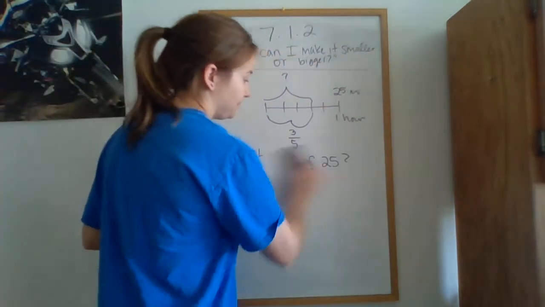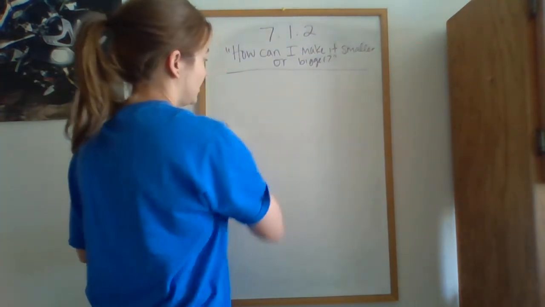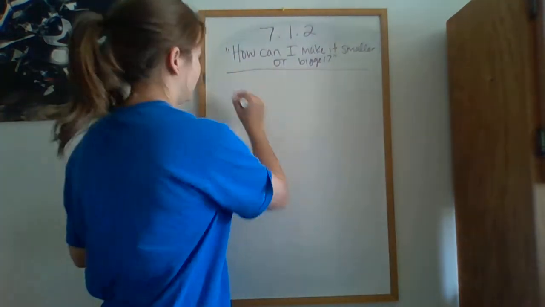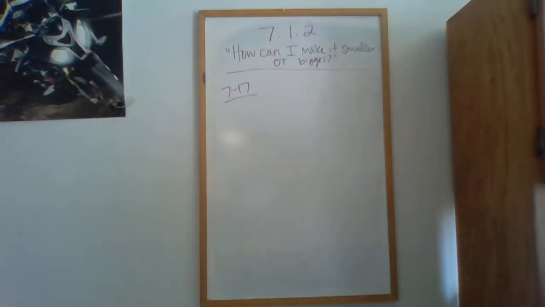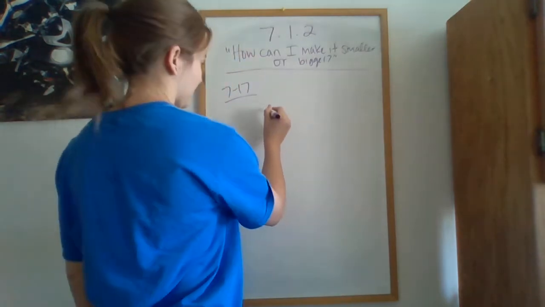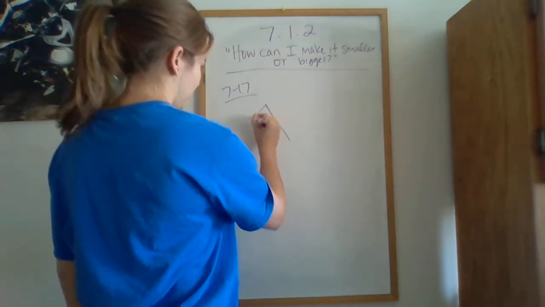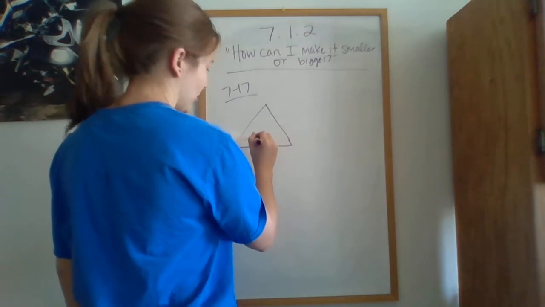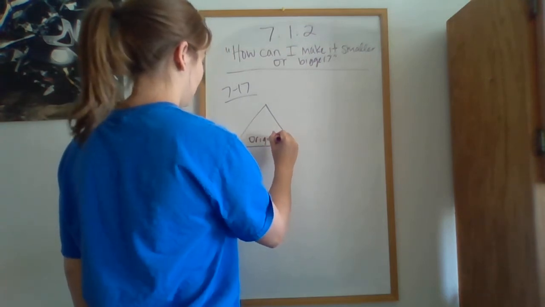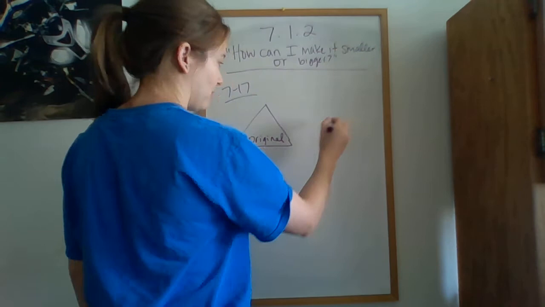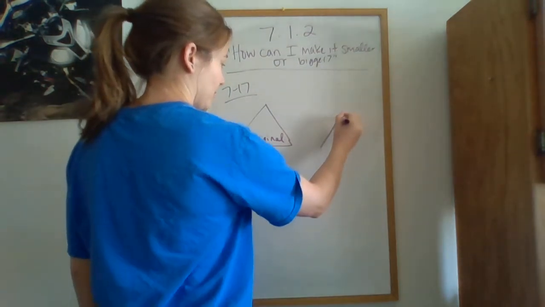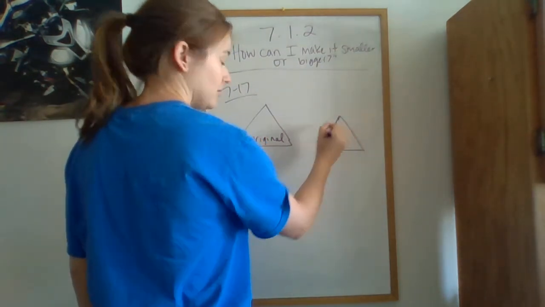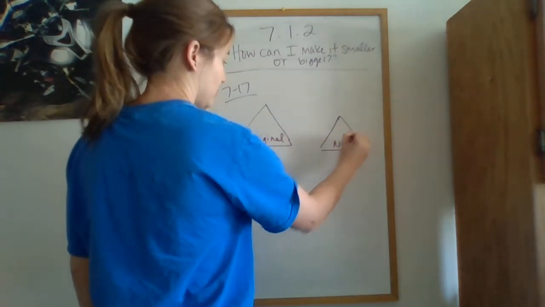And moving along to 7-17. To scroll down. Matt thought about that last problem and drew this diagram. So he drew a triangle and he put original inside of it, and then he drew a smaller one but looks very similar to this one.